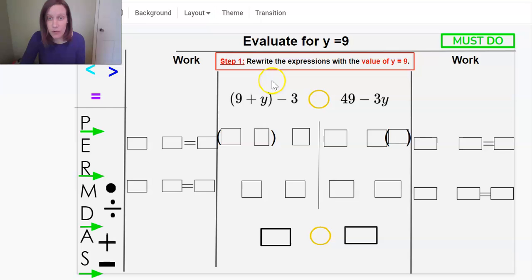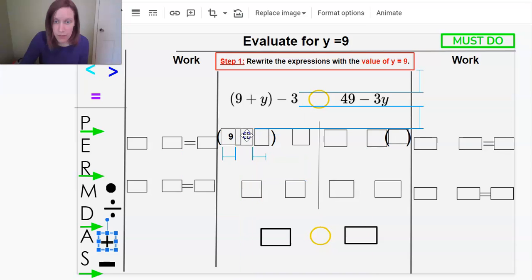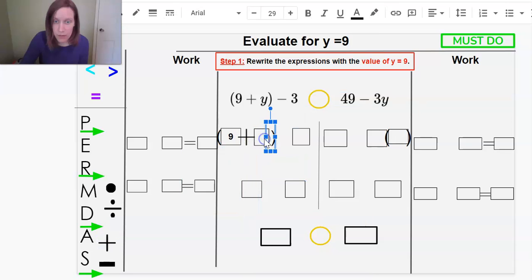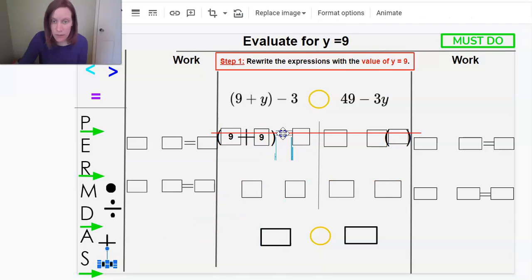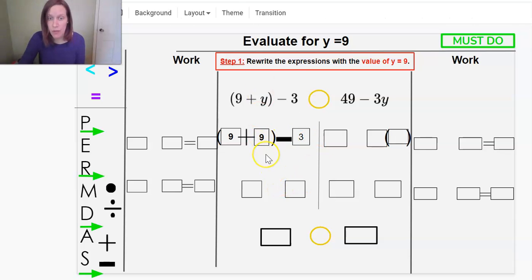So the first thing I'm going to do is rewrite the expression with the value of y equals 9. So 9 plus, here I have y, but I'm going to turn that into 9 because it says right here, 9 minus 3. So I'm writing that expression the exact same way. All I'm doing is putting a 9 where the y was.